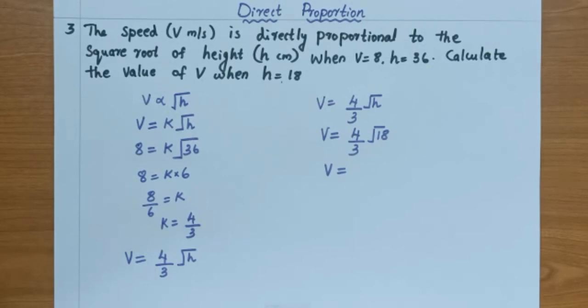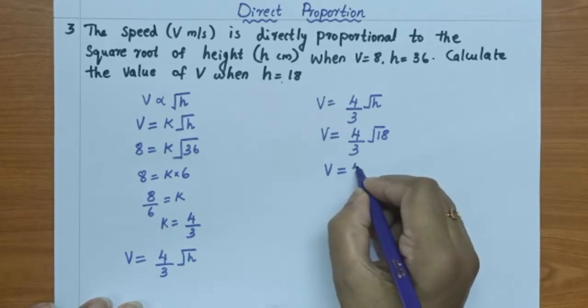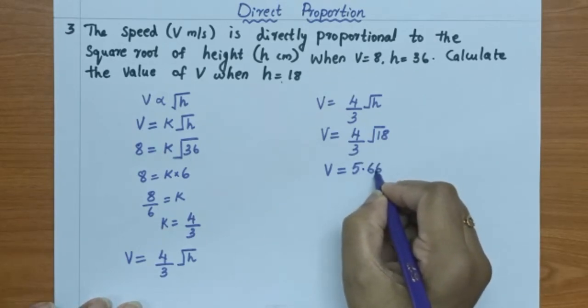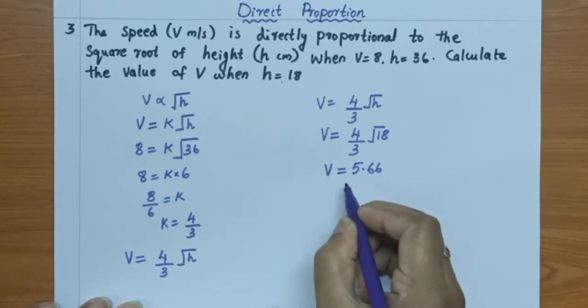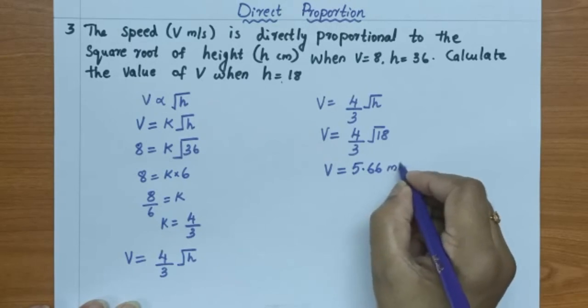We will get the answer 5.656. When we are using a rounding of 5.66. So the value of v will be 5.66 meter per second.